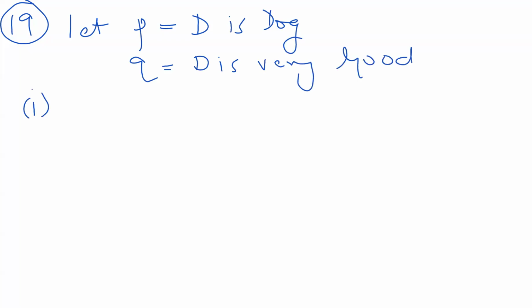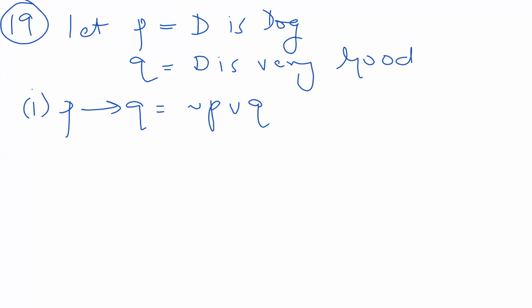Tell me the symbolic form of the first statement. What is the symbolic form of the first statement? P implies Q. Correct.